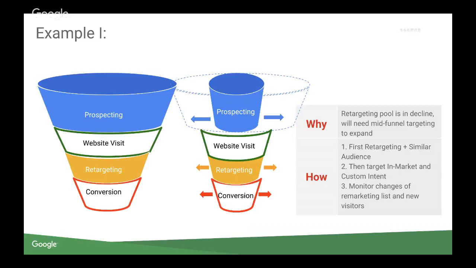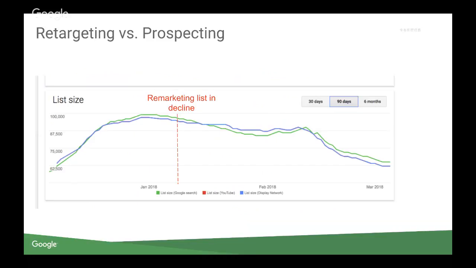So, audience targeting. One of the very important things about audience targeting is that you have to monitor the new and returning audiences. And definitely on our Google AdWords, you'll be able to know the remarketing list volume under the audience manager.